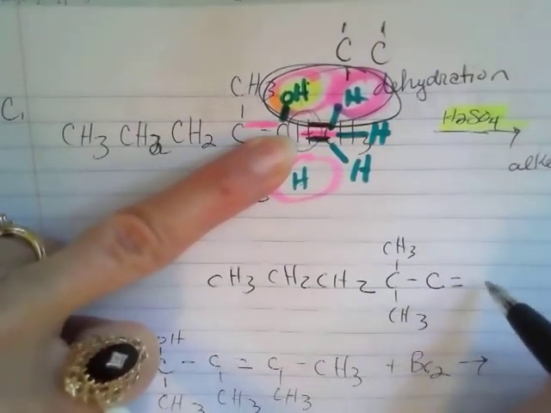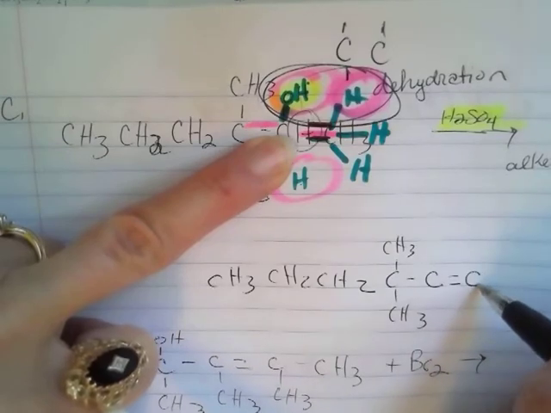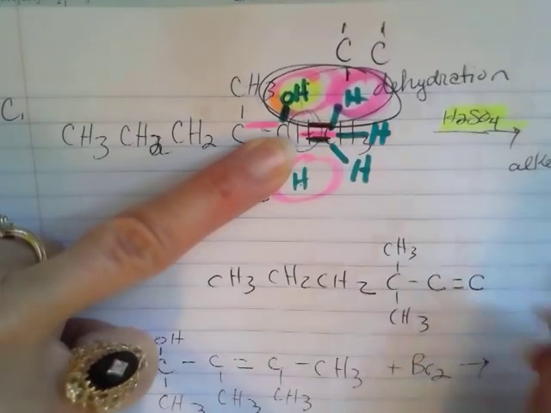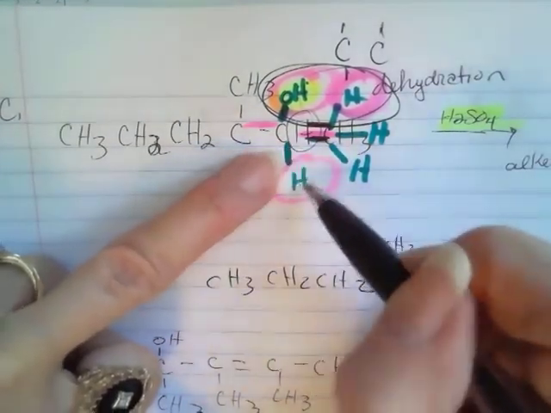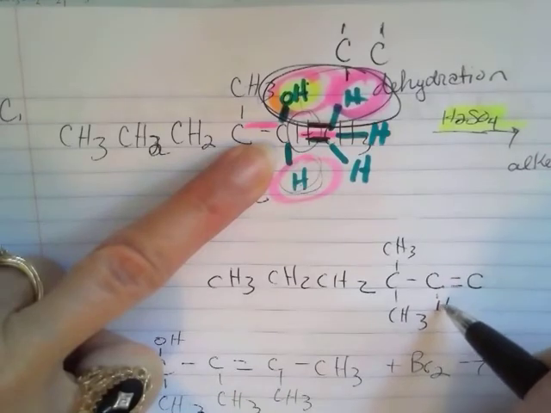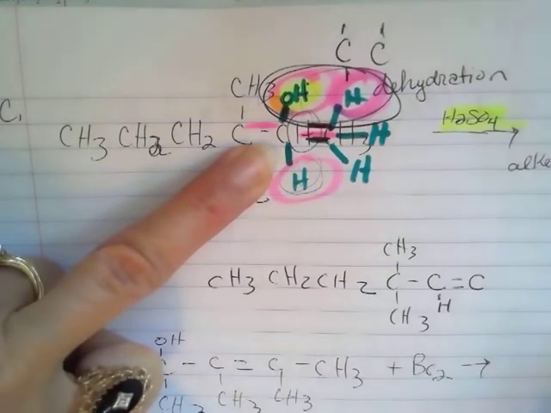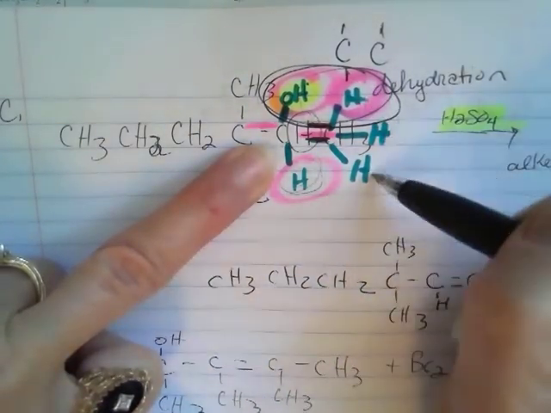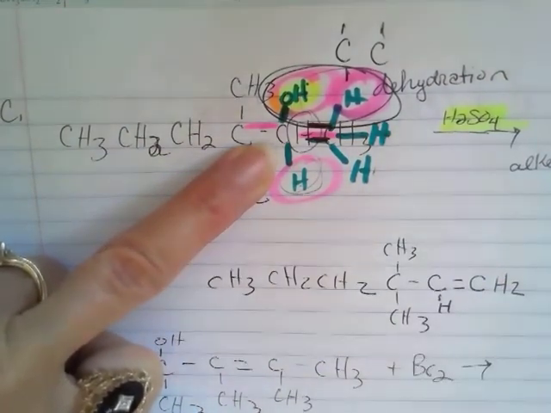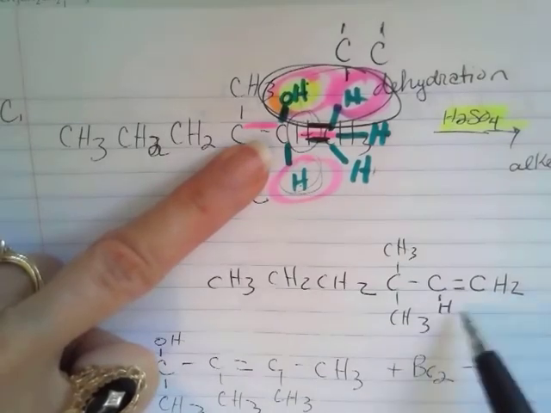It's going to be double bonded to this carbon. And it's going to be able to hang on to this one because it's got to have 4 bonds. This one is going to be able to hang on to 2 of its carbons, or excuse me, 2 of its hydrogens. So it's going to end up looking like this.